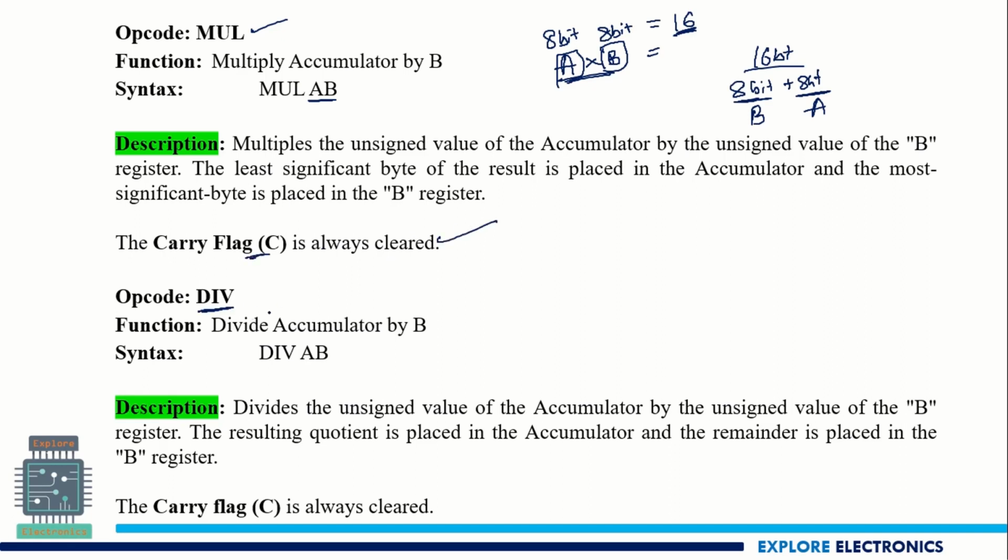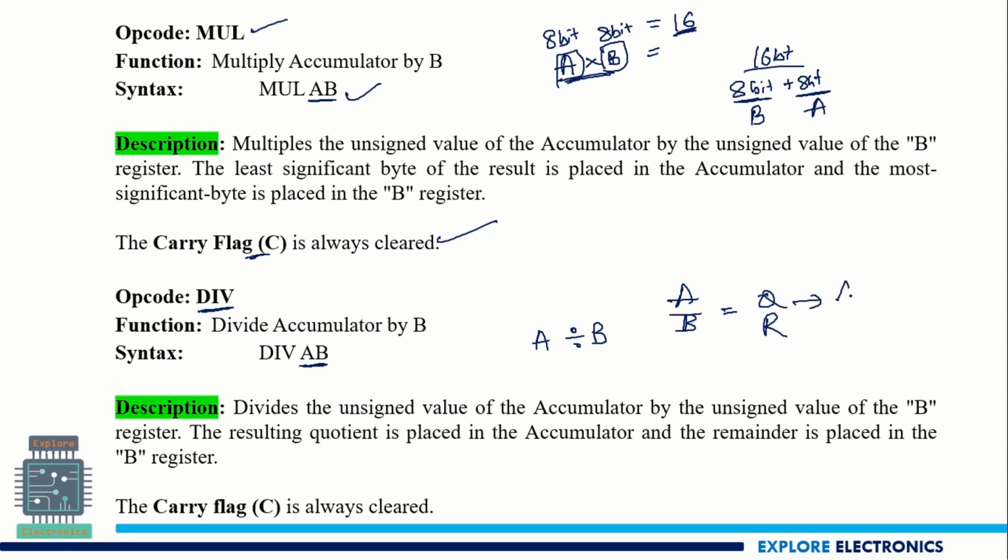Then the division instruction. Similarly, division is used as we saw in multiplication. DIV AB divides the accumulator by the B register. This is unsigned division: the accumulator is divided by the B register, like A divided by B. Here we are going to get the quotient as well as the remainder.